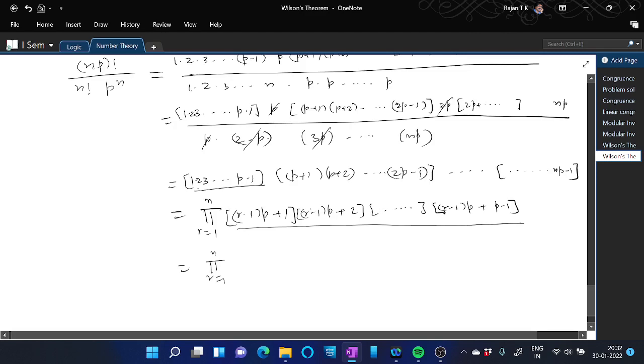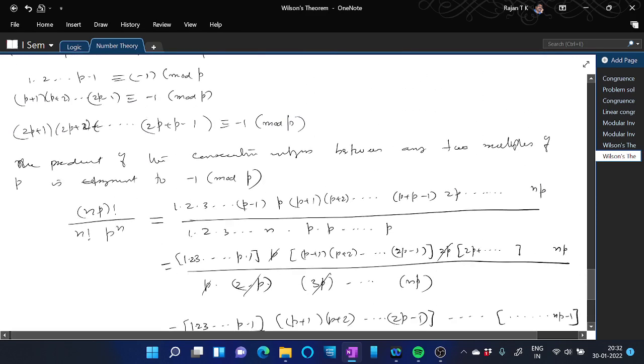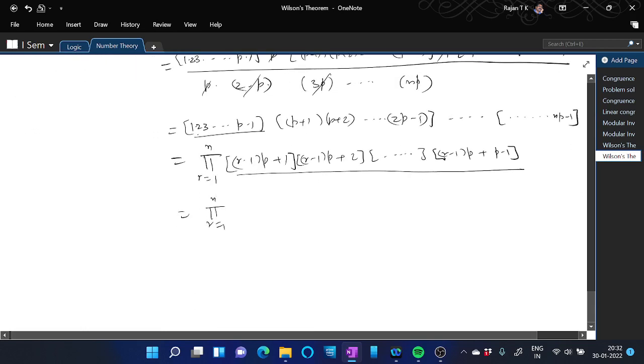And therefore it is congruent to minus 1 mod p using the result that we derived earlier. So each product is congruent to minus 1 mod p, and there are n such products. So it is congruent to minus 1 raised to n mod p, hence the result we get.